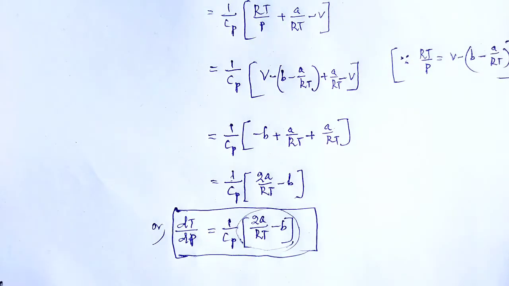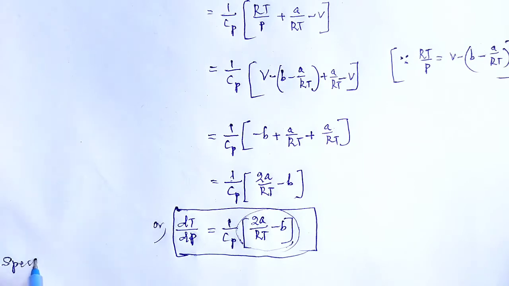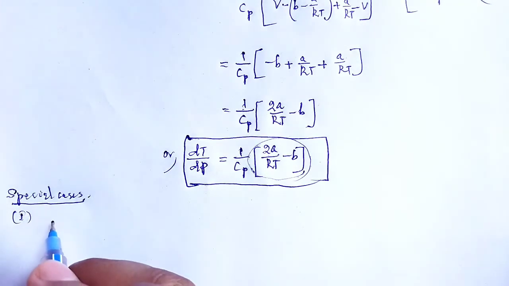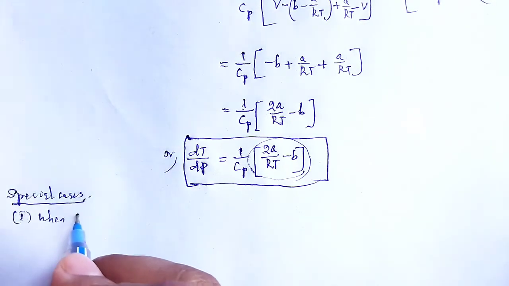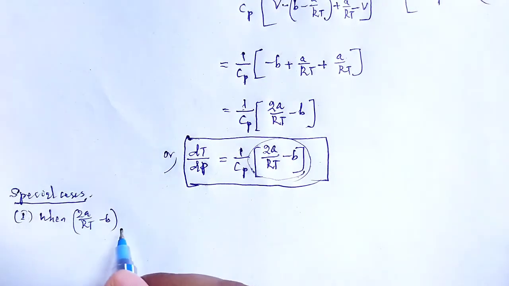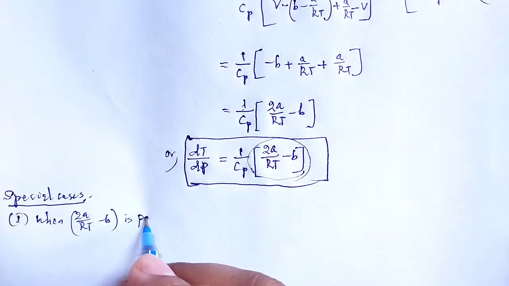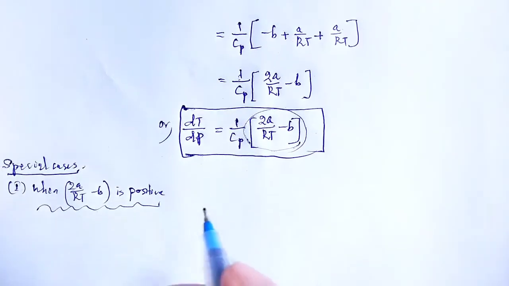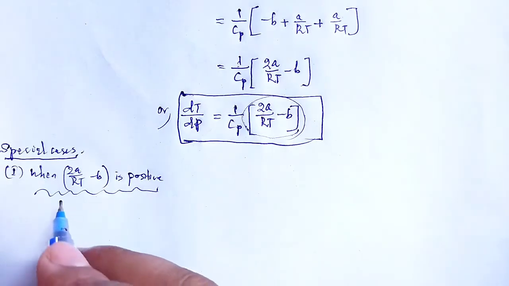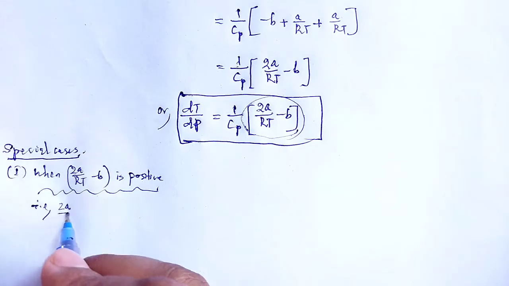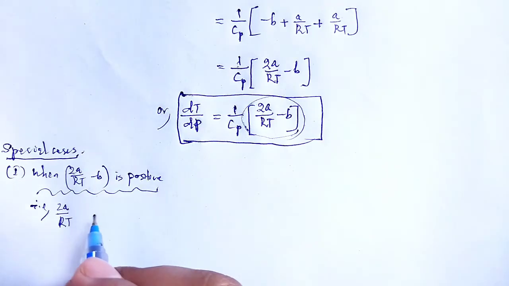So, special cases, first one, when 2a by RT minus B is positive, then what happened? The term is positive means that 2a by RT minus B is greater than 0.